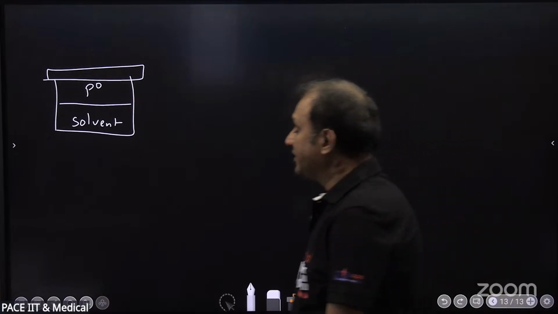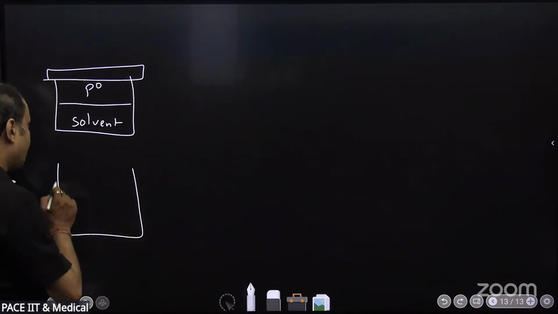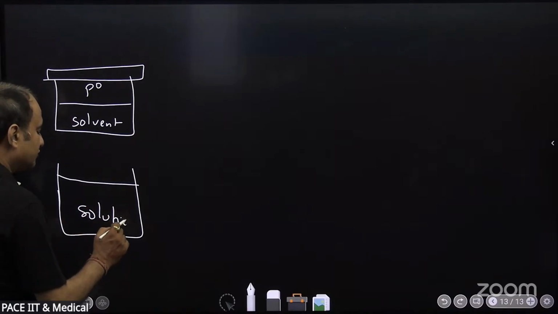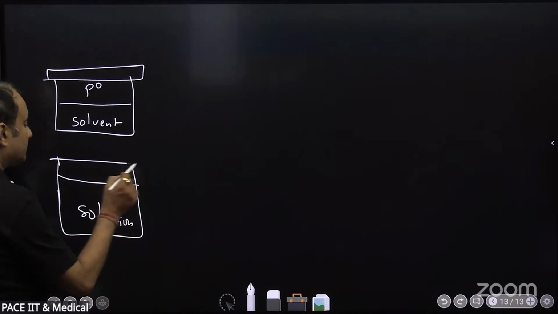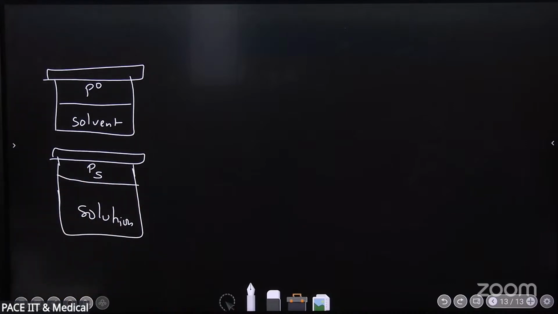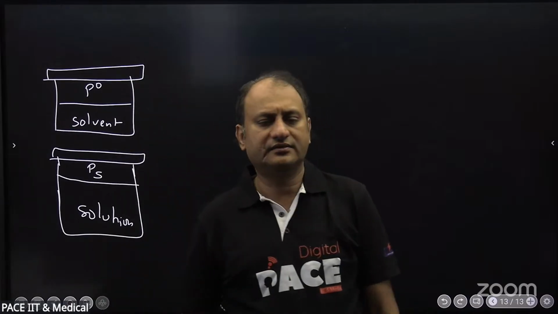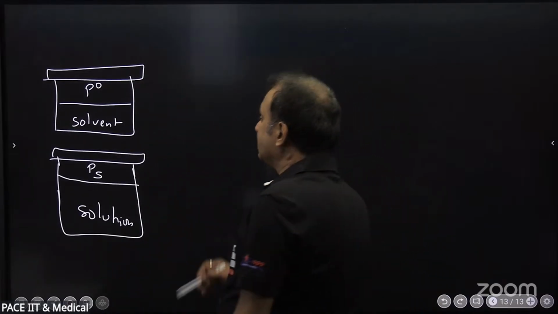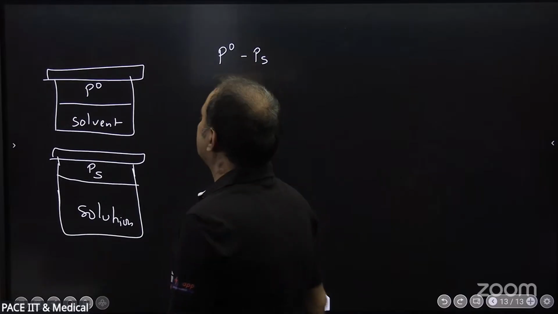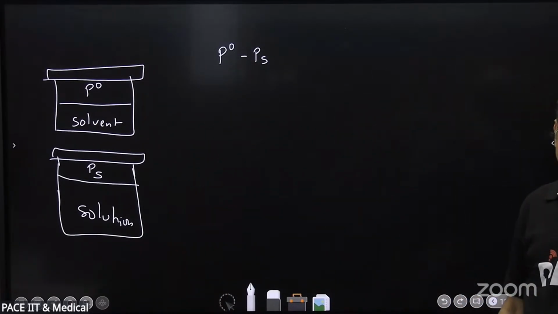And in another beaker, we have some solute dissolved in this solvent and we have a solution. Let's say the pressure over this solution is Ps. So what is Raoult's law saying? Lowering of vapor pressure is how much? Lowering is this, P naught minus Ps.